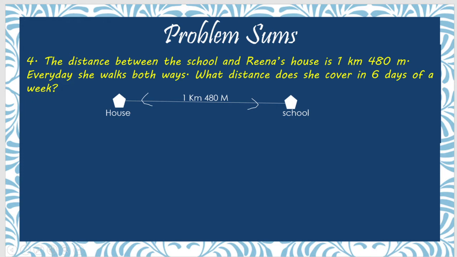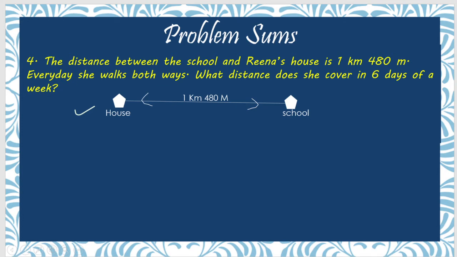Next problem is about distance. The distance between Reena's house and school. Let's look at this, children. This diagram is not given in the question; I have made this diagram for you, as you will not be provided with a diagram in the question.